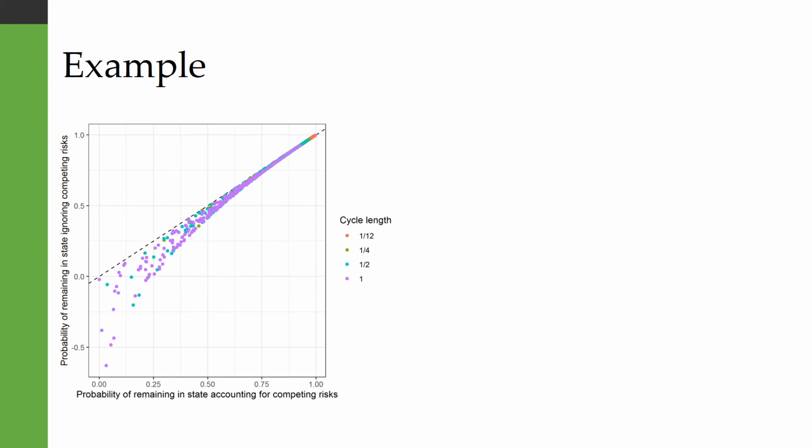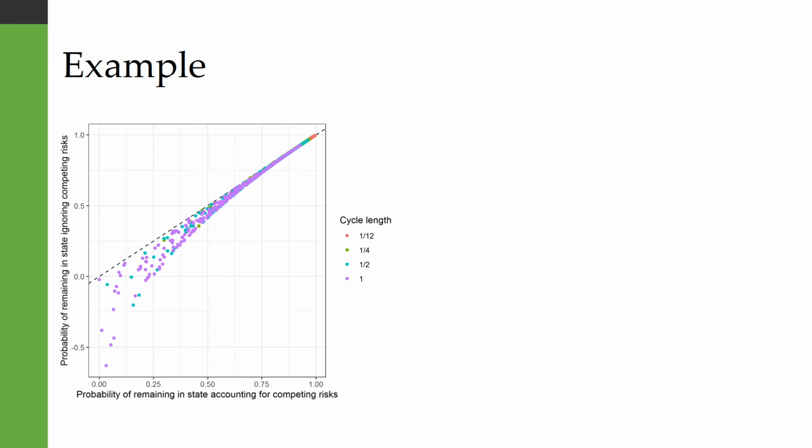So in the purple, we have a cycle length of 1, so like 1 year, going all the way down to a cycle length of 1/12, so like 1 month in red. On the x-axis, we have the correctly calculated probability of remaining in the state in which we account for the competing risks. And on the y-axis, we have the probability of remaining in the state when we don't calculate it properly and we ignore the competing risks.